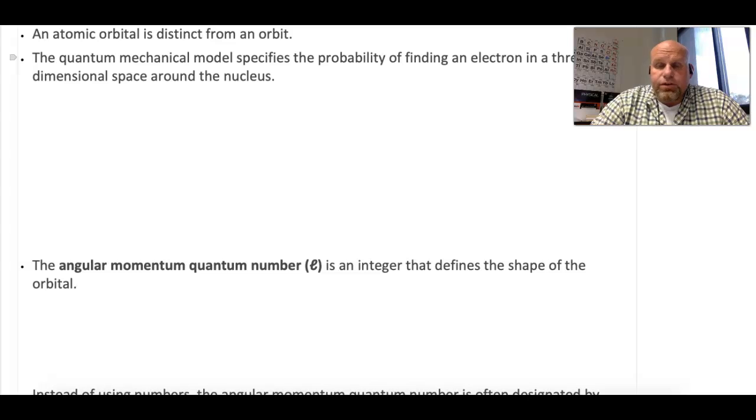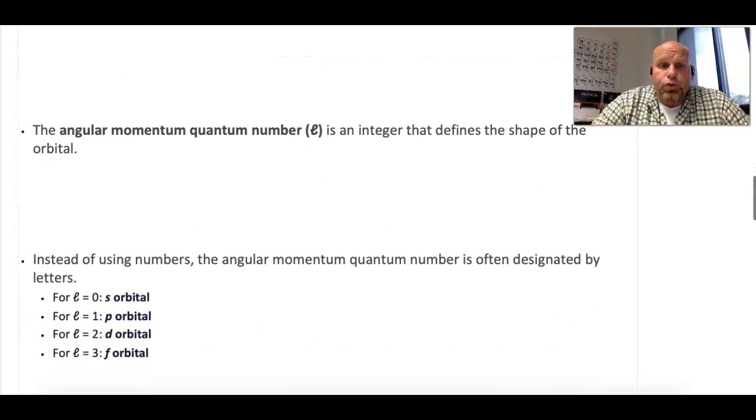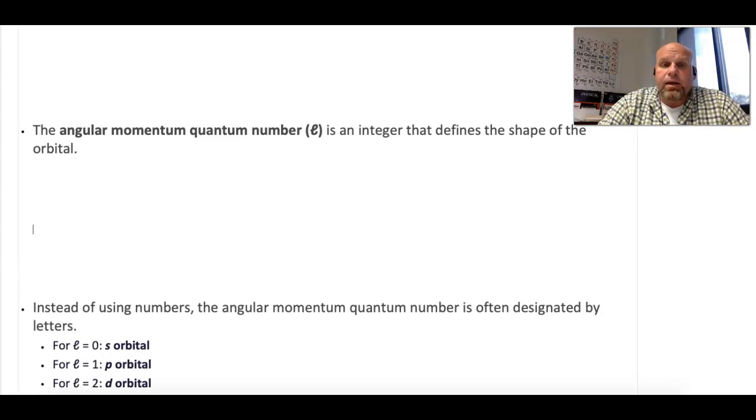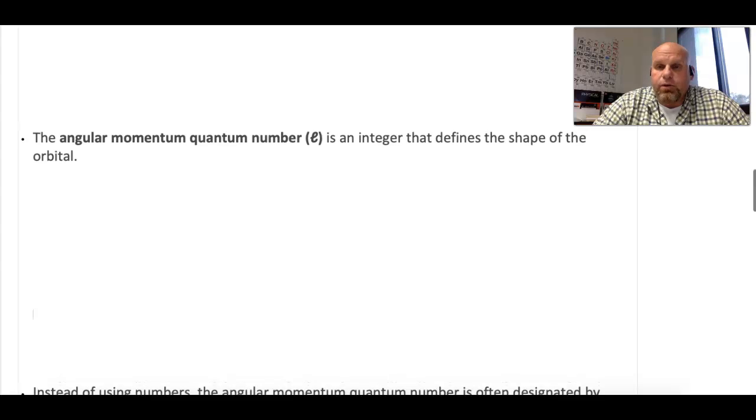So in order to better understand, let's get to talking about the second quantum number, which is the angular momentum quantum number, represented by L. This defines the shape of the orbital, and whereas n equals the values 1, 2, 3, 4, and so forth, L equals a value from 0 to n minus 1.